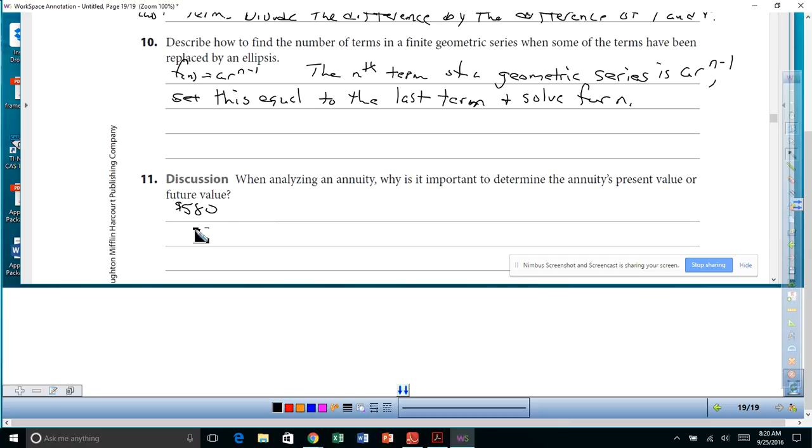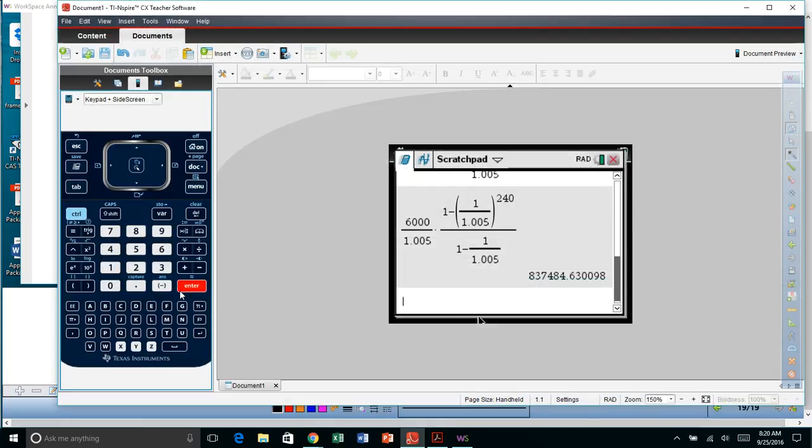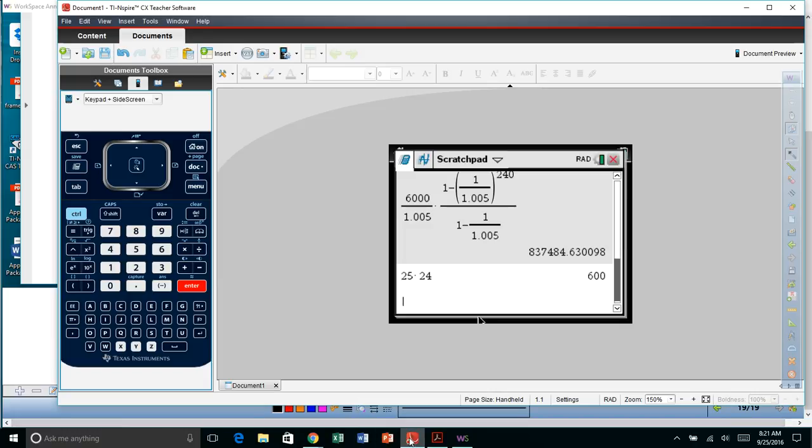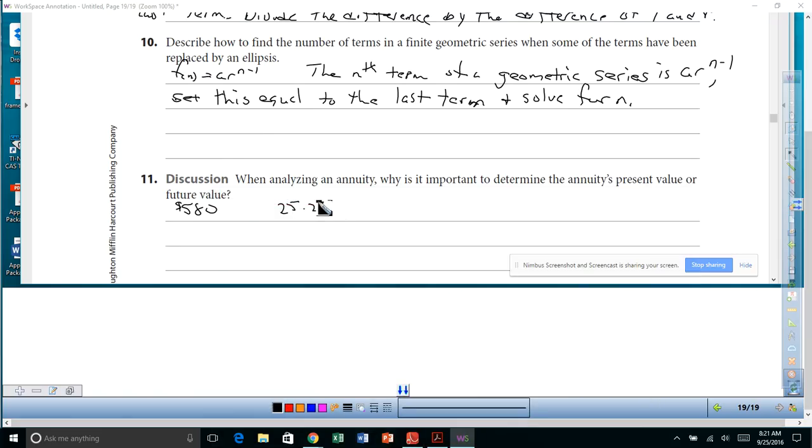If you paid $25 a month times 24 months, that's $600. Now, what's the difference between 600 minus $580? That's $20. That's the interest they're charging you.